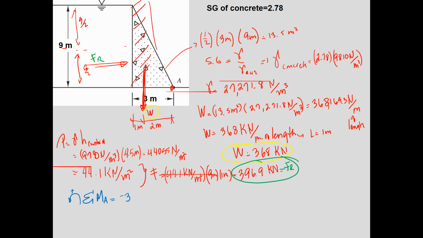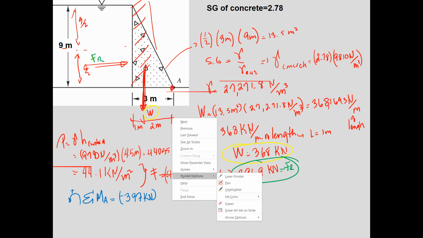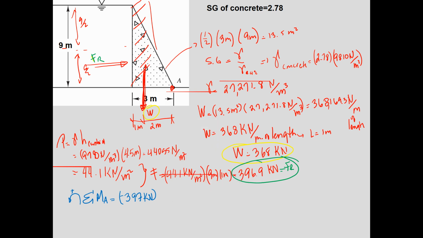So minus 397 pretty much kilonewtons, and the distance from point A, and this is the weight, oh, I'm sorry, I got it backwards. Let me erase this.